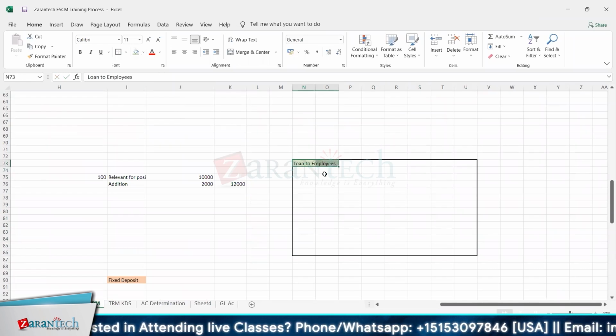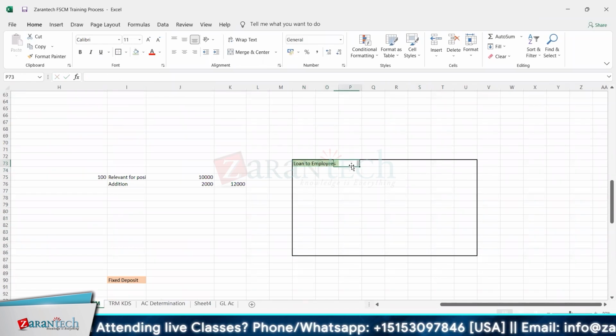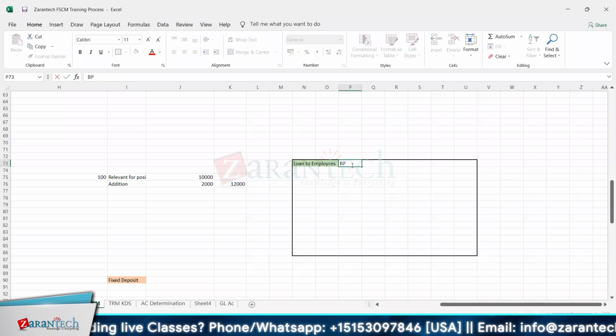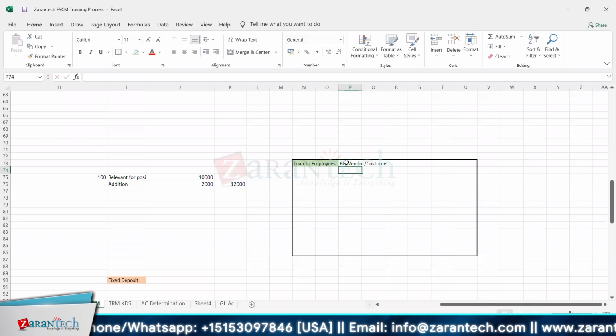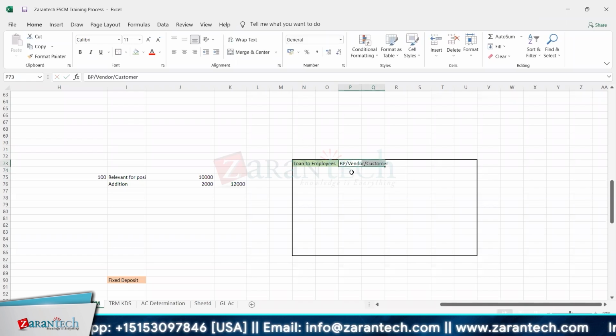For all the employees, we create a customer account. We create vendor, business partner in the system. So I will extend to customers. The reason is when I look at the sub-ledger, when you run FBL1N or FBL5N transaction, you must be able to see the balance in the employee loan account.